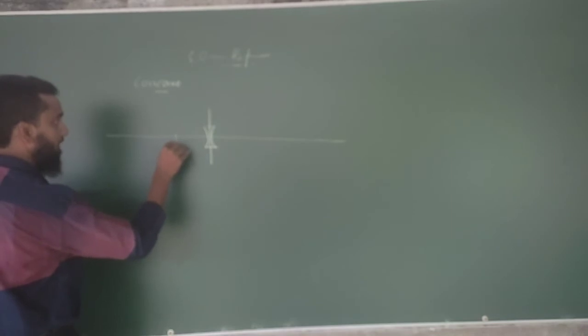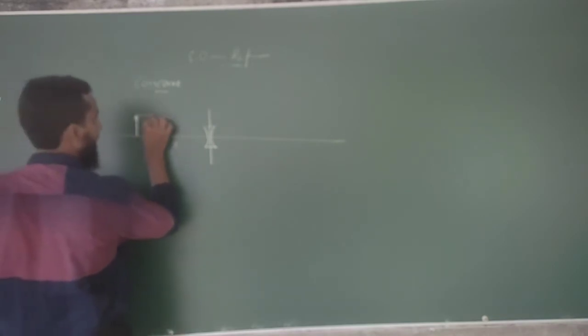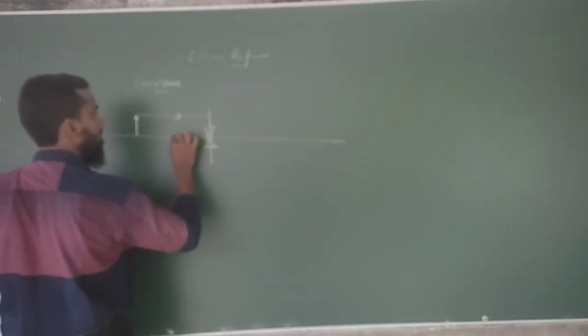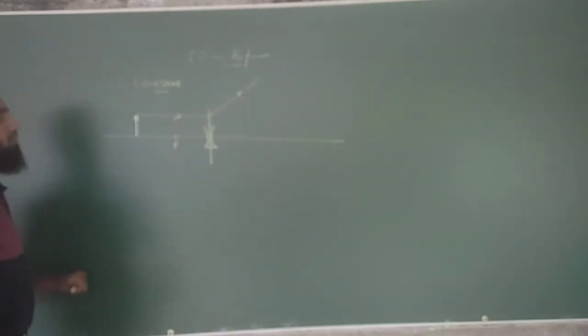We will mark the F here. Now if you keep the object here, right, the ray which is coming parallel to the principal axis is going to go as if going from the focus, first ray diagram.